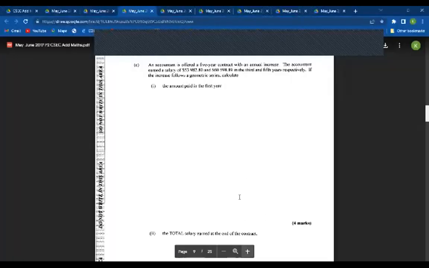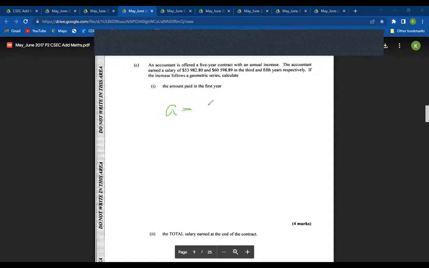So back to this 2017, we finished this first one. We said A, when we worked it out, A was 48089.04. So we did that whole calculation already, right? Now they want the total salary earned at the end of the contract. The minute you see this word total, SN.